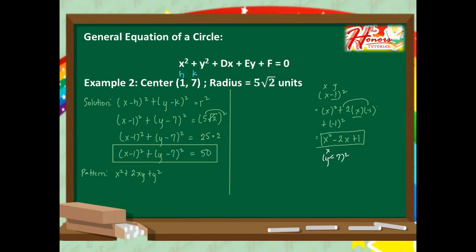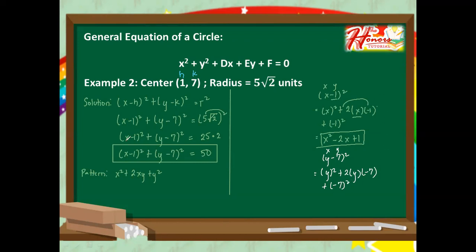So y is negative 7. Please include the sign. Let's substitute in our given formula or pattern. So we have here x squared, so that is y squared, plus 2 times x, that is y, times y, that is negative 7, plus y squared, so that is negative 7 squared.